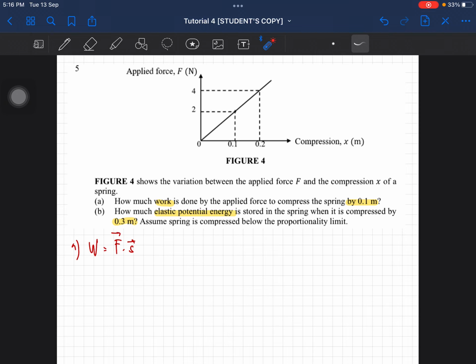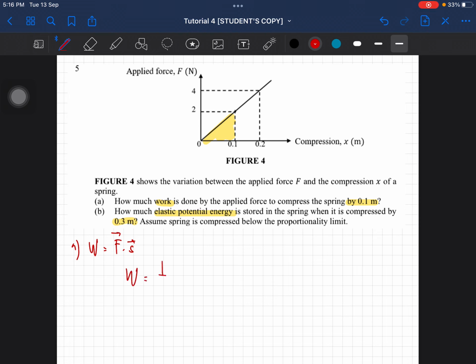And for this case, we can calculate it from here to there. Yalah, 0 to 0.1. Sebab soalan minta by 0.1 meter saja.